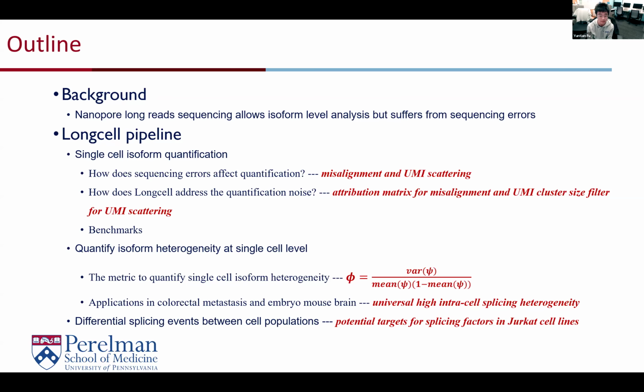While for those high intercellular heterogeneity genes, for example PKM1, it denotes that cells choose different isoforms for very different mechanisms.